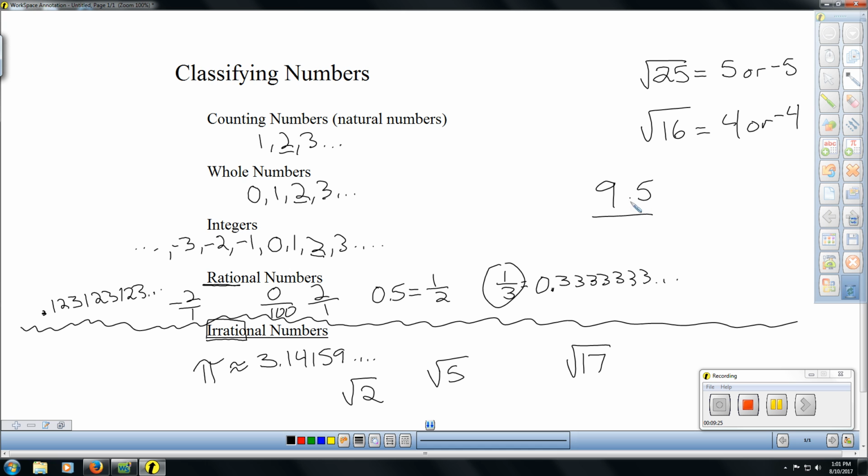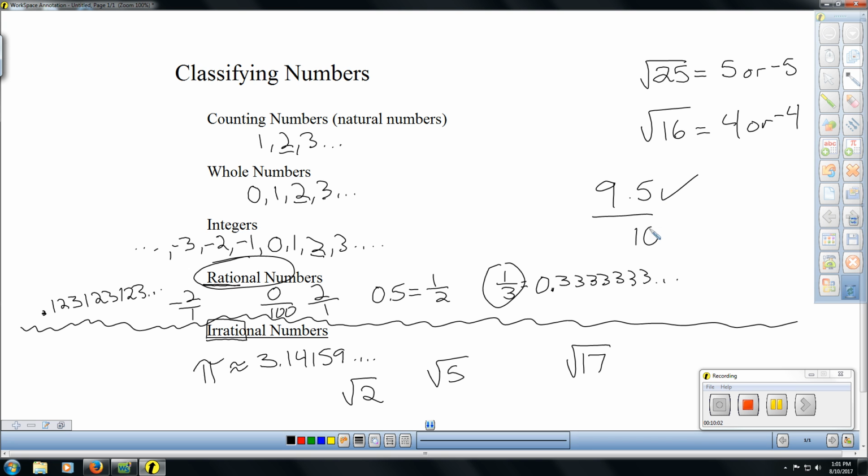Well, no, we said it wasn't a counting number, and it's also not 0, so it can't be a whole number. What about integers? Integers are just positive or negative whole numbers. We already disqualified it on the whole number count, so it's not an integer. Is it a rational number? Very much so. Notice as a decimal, it stops. It terminates, so it fits that requirement. I can rewrite it into a fraction or a mixed number. So this is very much a rational number.